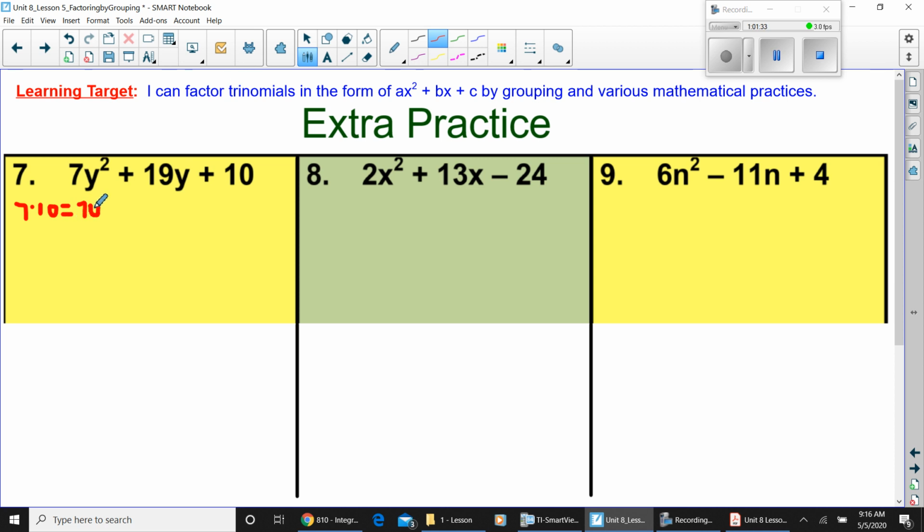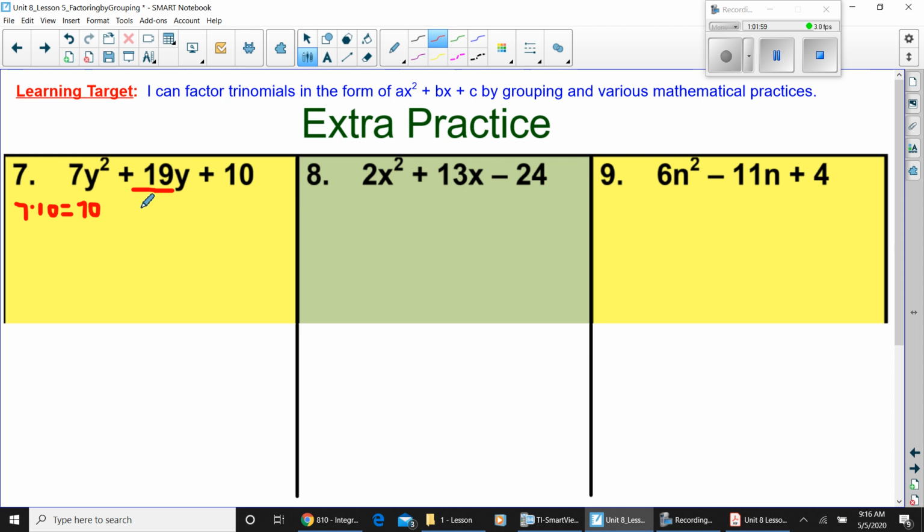And you're looking for factors of 70 that add to 19. And since this is all positive, it's pretty easy to do. But 70 is what you have to find the factors of that add to 19. So that might be a little bit difficult.